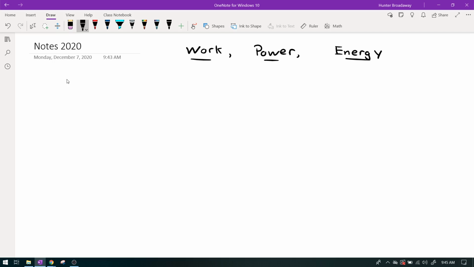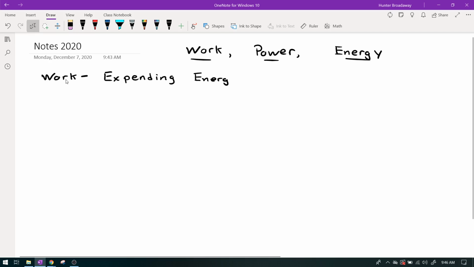Like the concept of work. If I'm talking about work, what does that mean? If I say I'm going to do work, expend energy, I would go with that. That's a pretty good one. The definition of work is expending energy.